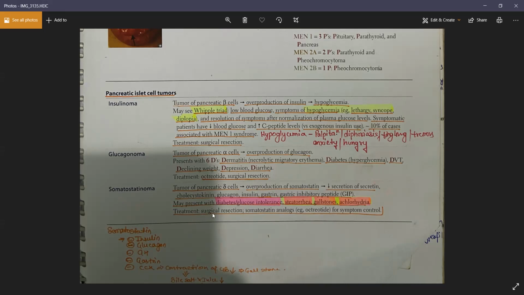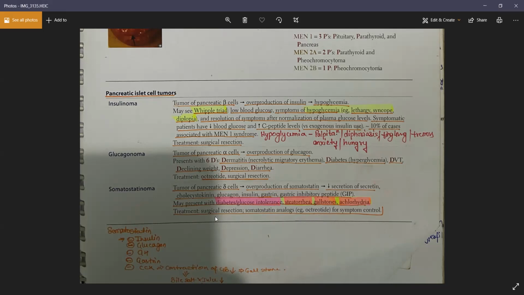Treatment, of course, the surgical resection, and you can also give long-acting drugs like the octreotide for the symptoms control. Long-acting drugs must be used. Okay. Wouldn't they worsen the symptoms? Like somatostatin itself is causing symptoms. I thought the same, but when I read the article, I realized that octreotide is actually useful in the somatostatinoma. Just for the symptoms control.